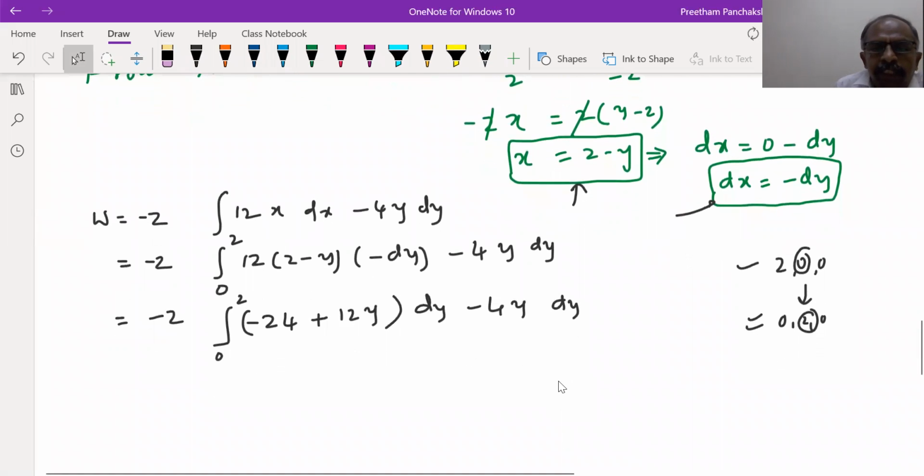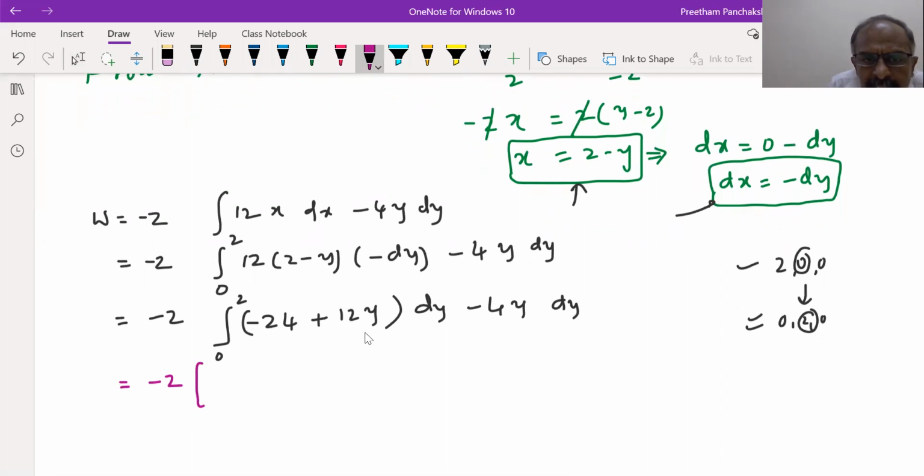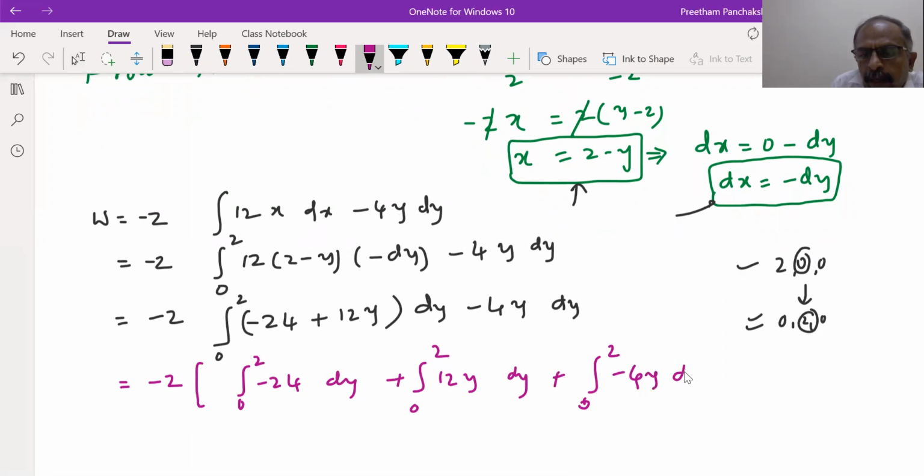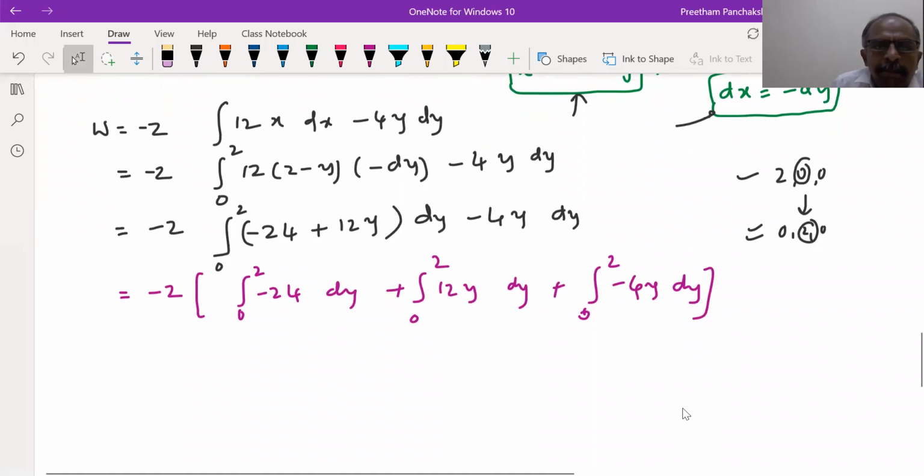Since the variable of integration is y itself, minus 2, we can separate the integrals if we want. 0 to 2 minus 24 dy is one integral, plus 0 to 2 12y dy is another one, and 0 to 2 minus 4y dy. So we can make the integrals separate and keep it simple.